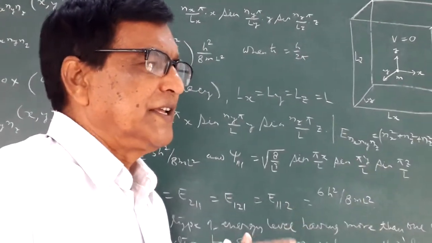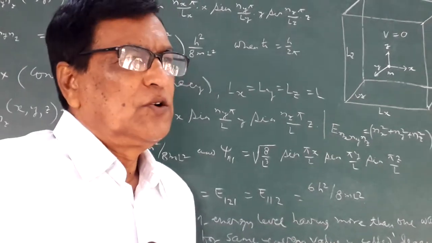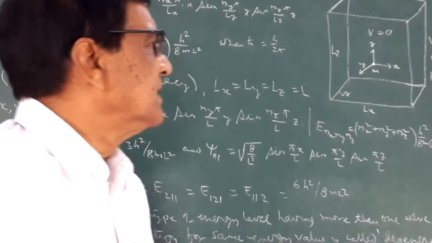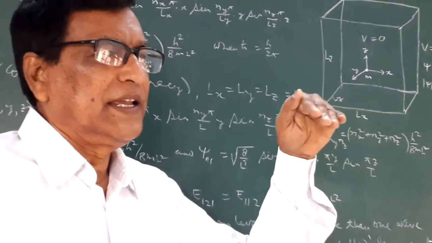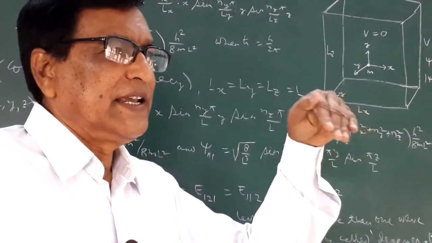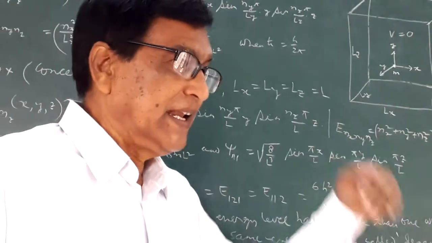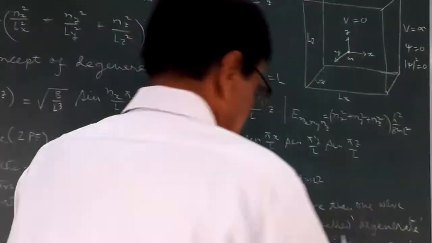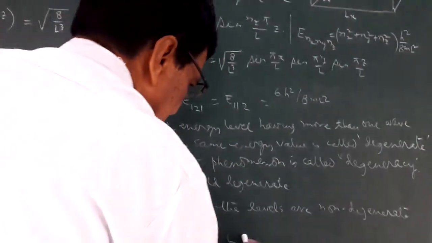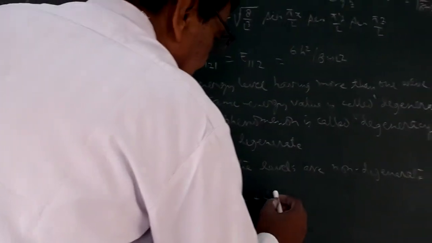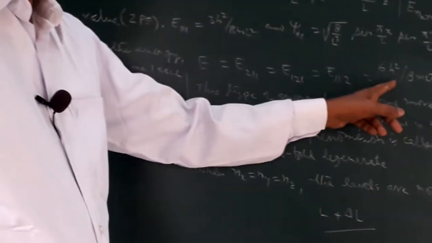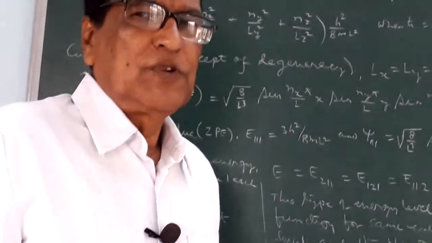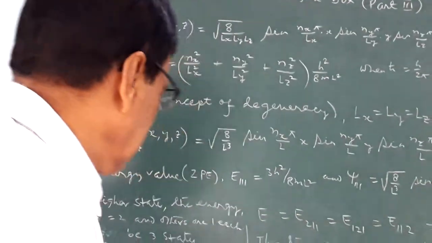Say L is changed along the x-axis slightly, as L plus delta L. Then the energy of these three will no longer be equal and the degeneracy is removed.